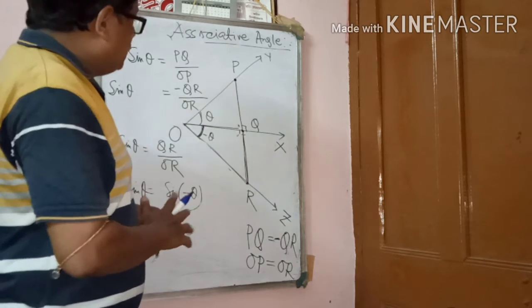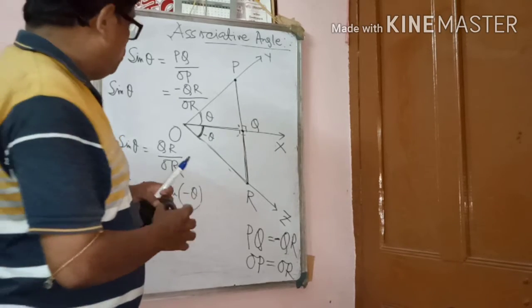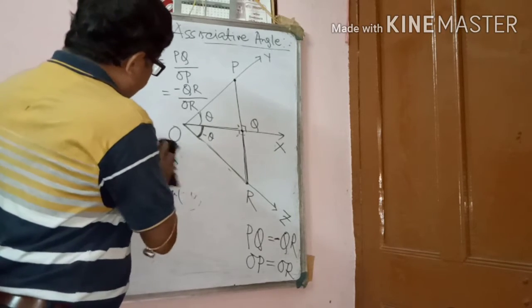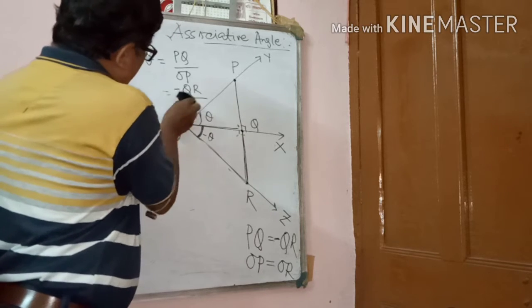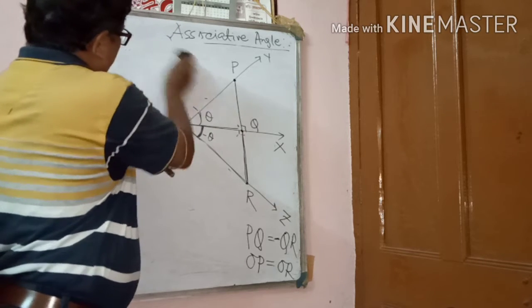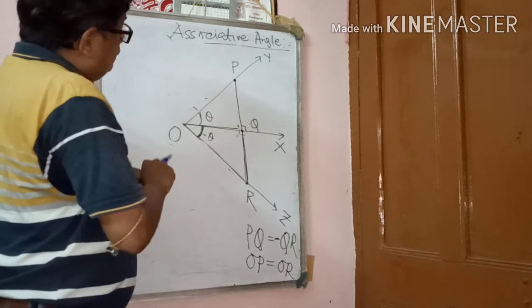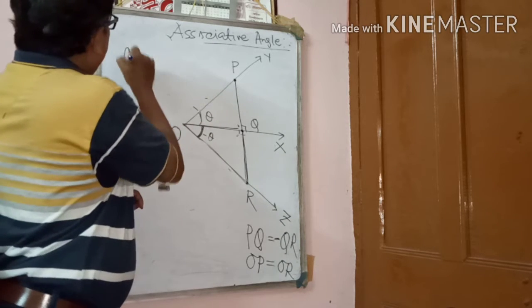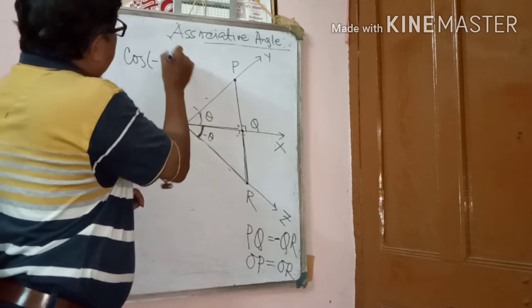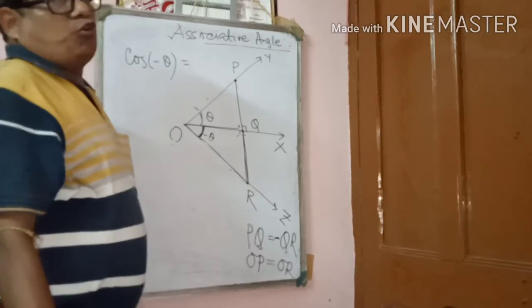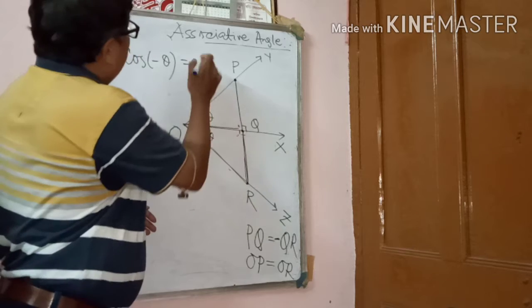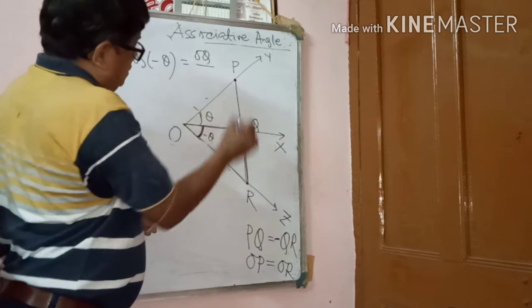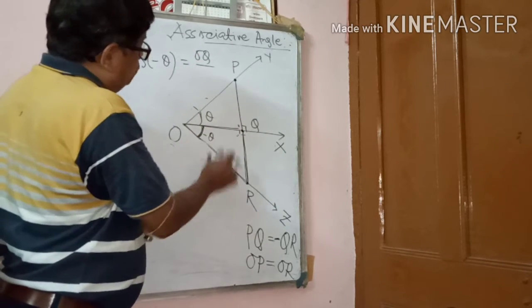Similarly, look at here, finding cos minus theta. Cos will be base by hypotenuse. Here for this angle the base is OQ, so write OQ by hypotenuse, which is OR.